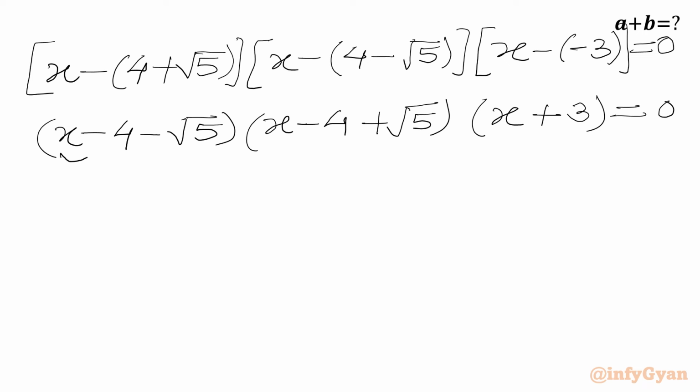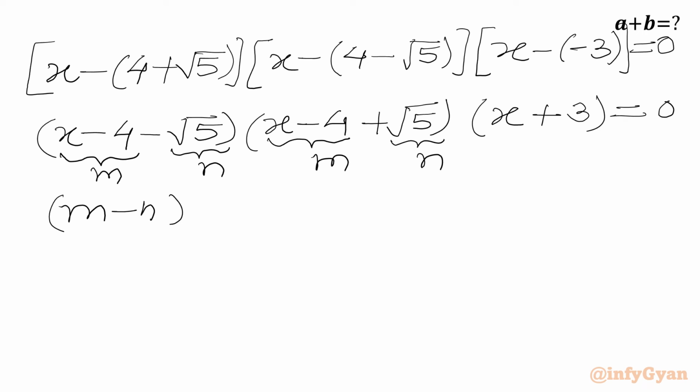If we consider x minus 4 equal to m and square root 5 equal to n, then we can write m minus n times m plus n. This is our difference of two squares identity. So I can write m square minus n square.